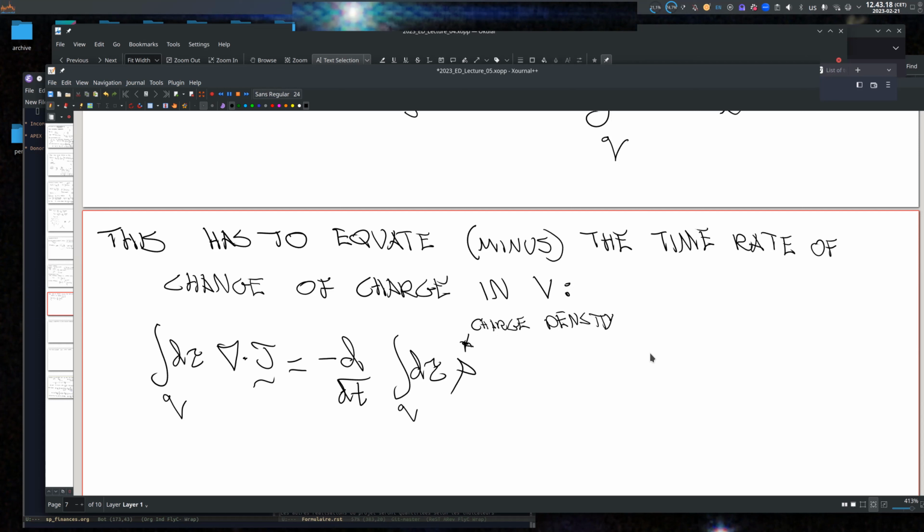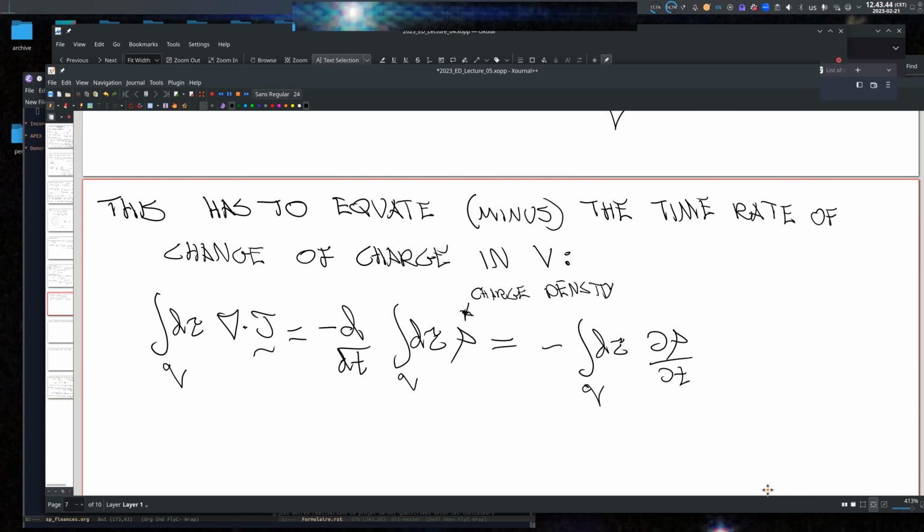Just by simple assumptions about smoothness, since this is a function of space and also time, I can rewrite this as minus the integral over the volume V, d tau, of the partial derivative of the density with respect to time. I've just inverted the differential and the integral here.